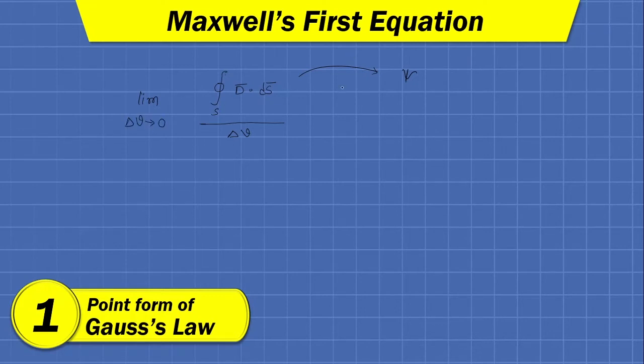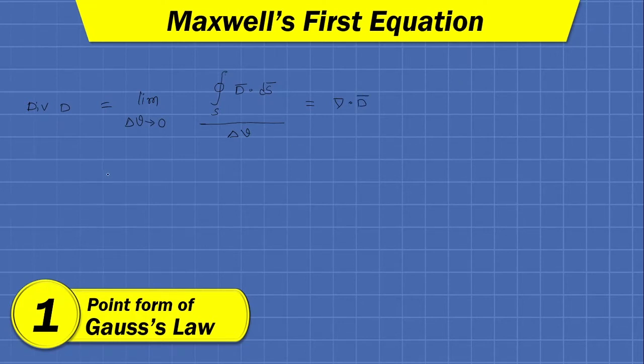So for any vector field, the divergence is defined as the outward flow of that field per unit volume as the volume shrinks to 0. So this term is called the divergence of D, or in mathematical language we show it as del dot D bar.